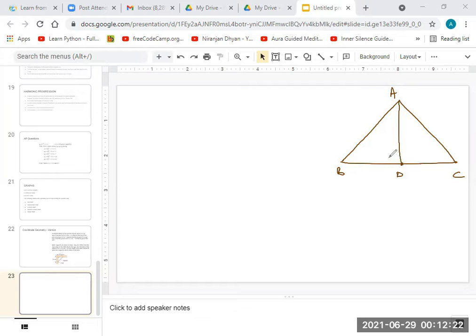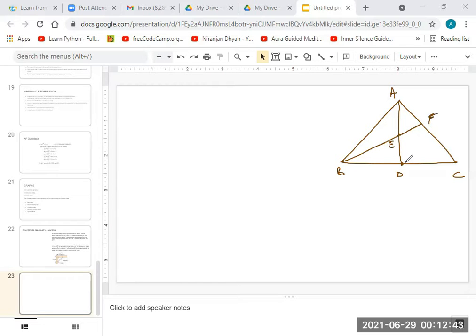Then E is the midpoint of AD. And the line segment that joins BE goes to AC and continues till F.